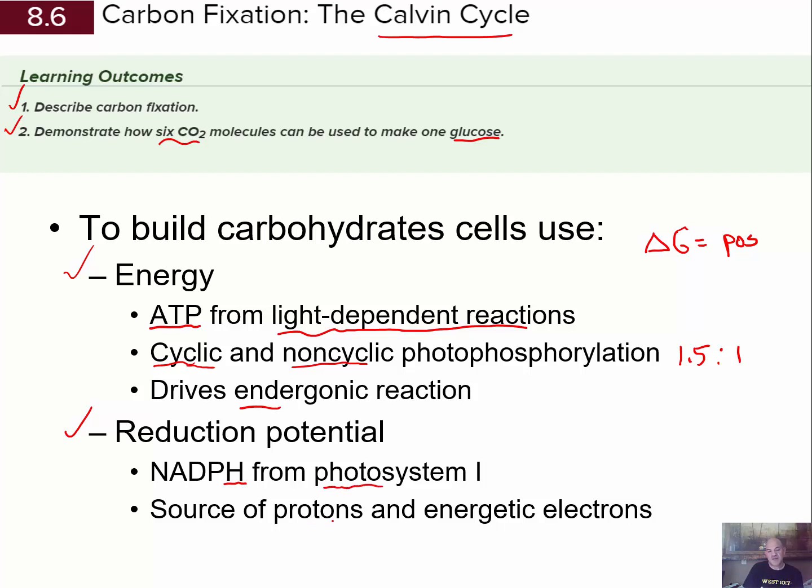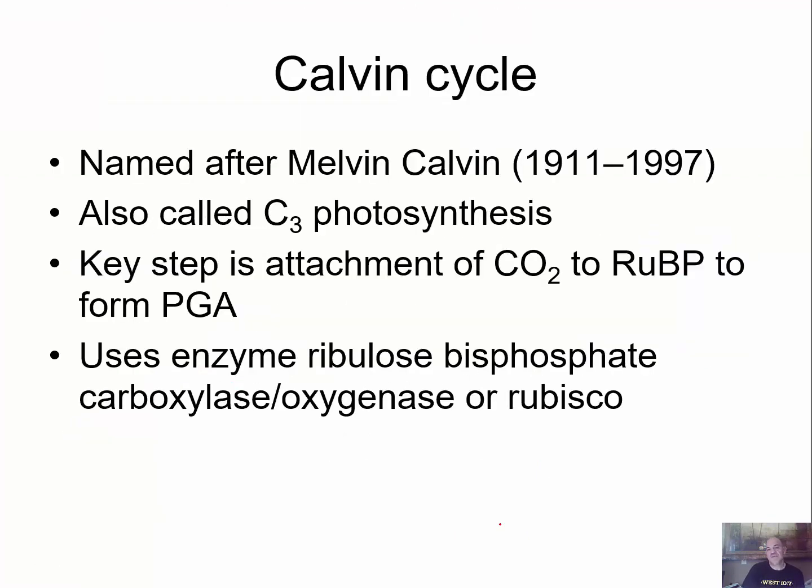So this NADPH is going to be the source of those energetic electrons and protons that we're going to be attaching onto carbon dioxide to make our sugar. These light-independent reactions can happen with or without light, so long as we have the reactants necessary, which include carbon dioxide, ATP, and NADPH.